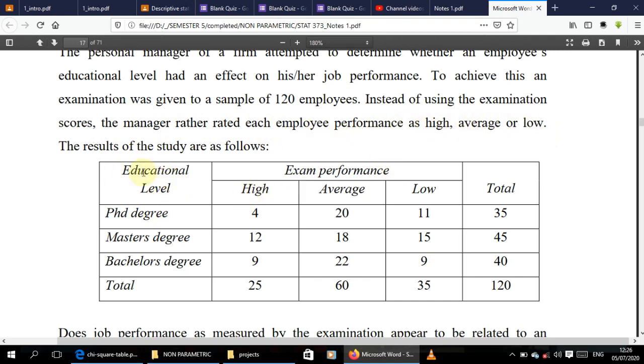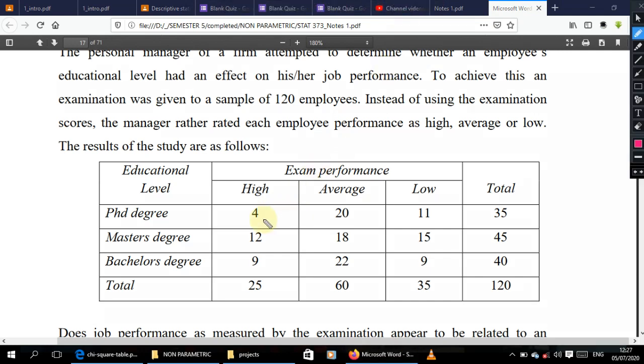So you want to see the two categories, educational level and job performance. He found out that the frequencies for PhD holders with high performance were only 4, with average were 20, with low it was 11. Bachelor degree with average performance was 22. Row totals are given and column totals are also given. So these are the observed frequencies.